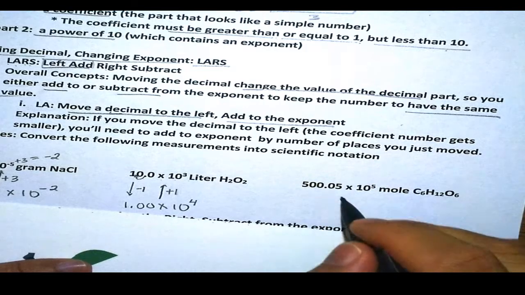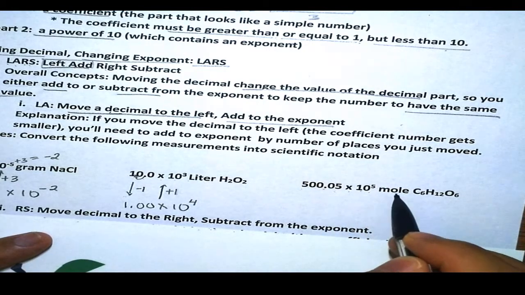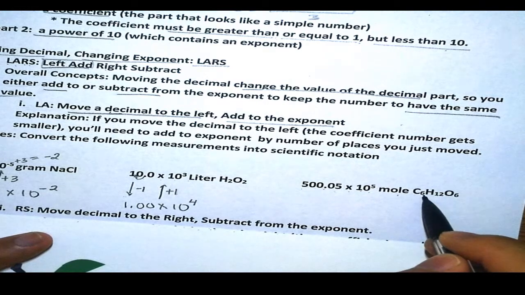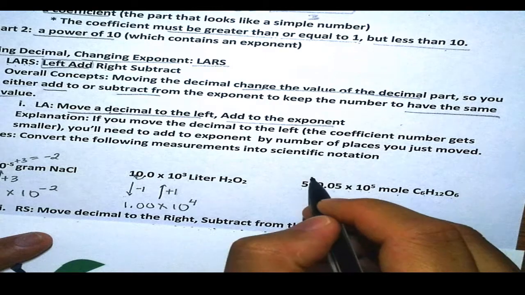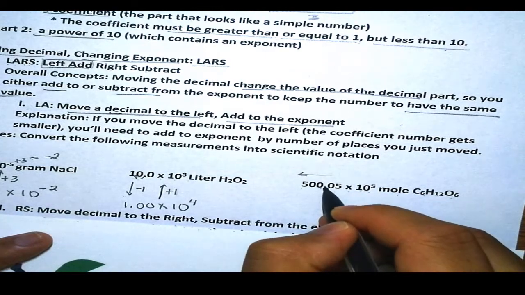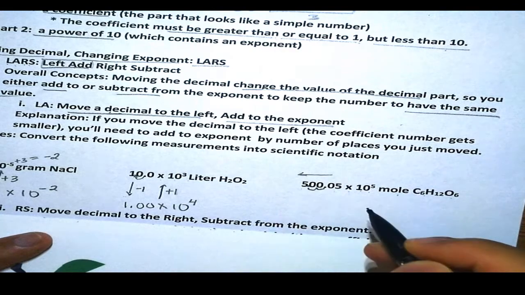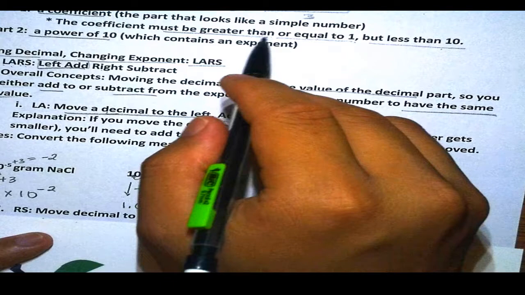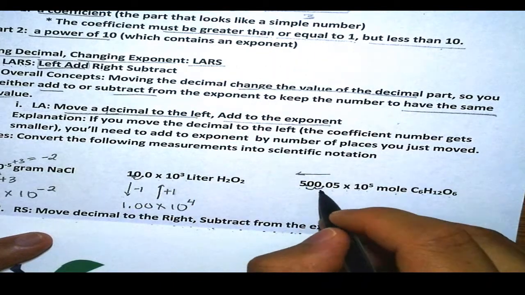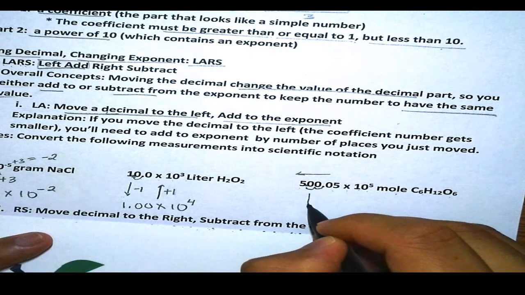Let's try another one. I have 500.05 times 10 to the 5th moles of glucose. Because 500 is greater than 10, I have to move the decimal to the left. So 1, 2, there you go, I have 5 now. 5 is less than 10 but greater than 1, so that would be good, but I made the value of the coefficient less by 2 decimal places.